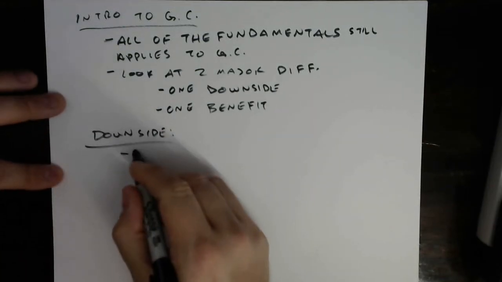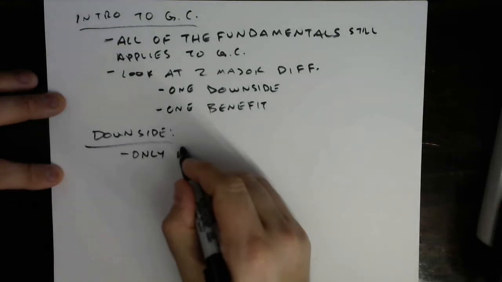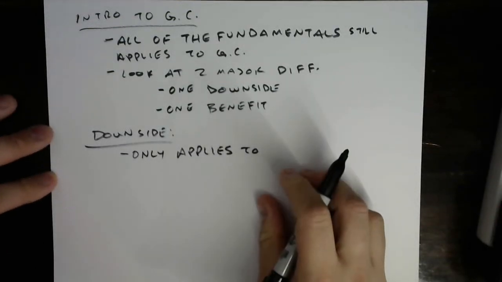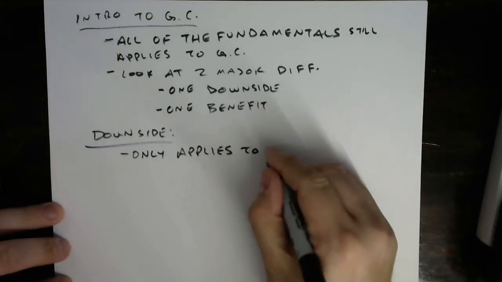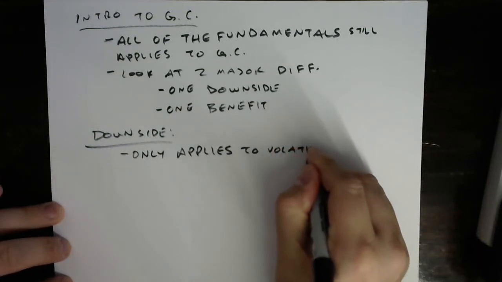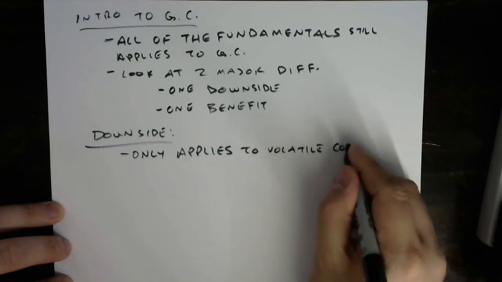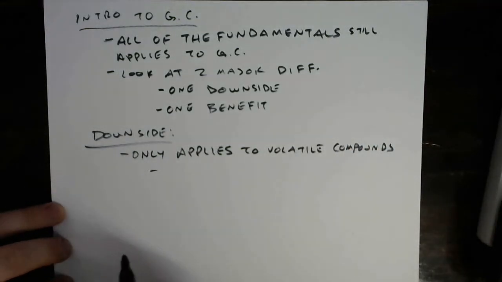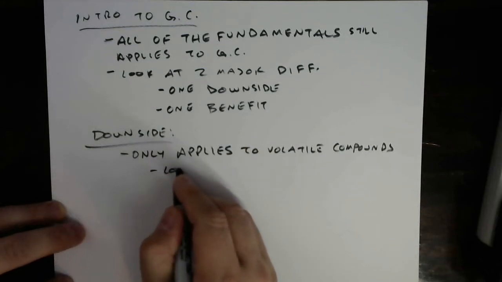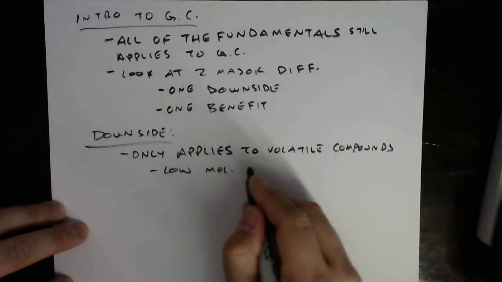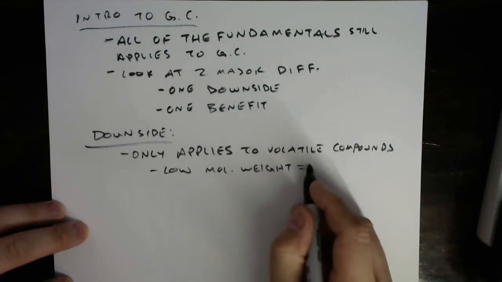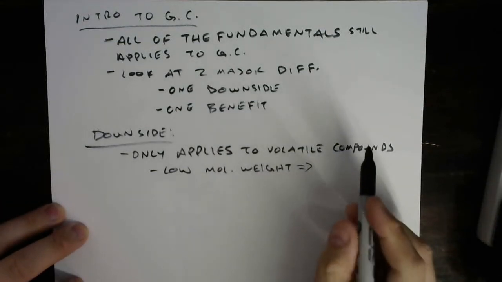So GC only applies to volatile compounds. So how does something become volatile? The first thing is it has a low molecular weight. And we're going to put a rough rule of thumb cap on this.